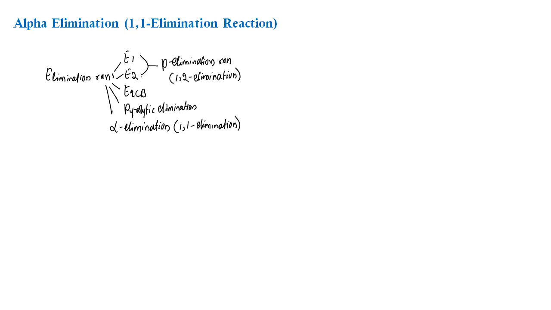Today we are going to talk about an alpha elimination reaction rather than the beta elimination reaction, which we have studied earlier. This is beta elimination. So let's focus on alpha elimination.